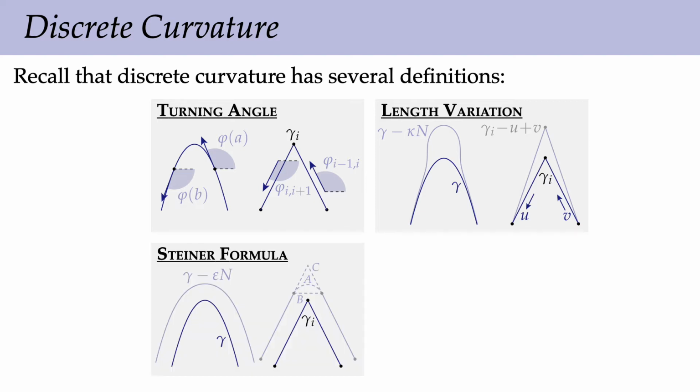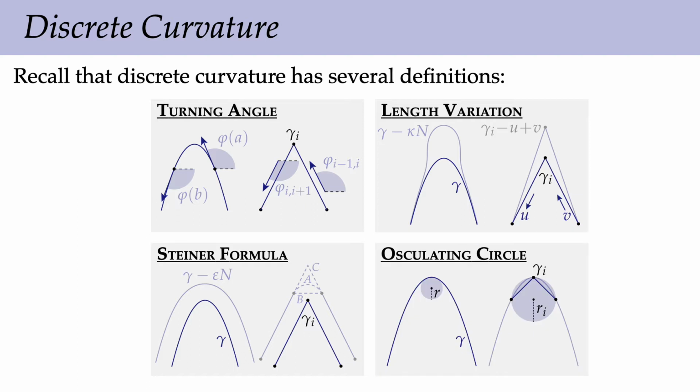Very similarly, if we offset a smooth curve in the normal direction at unit speed, then the change of length indicates where the curvature is. Flat pieces don't change in length. Curved pieces change a lot in length. We can use that again to define notions of discrete curvature.